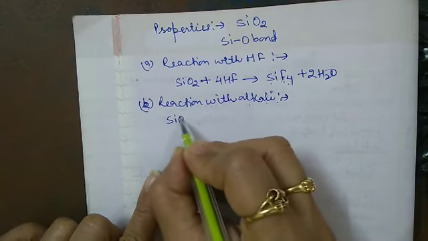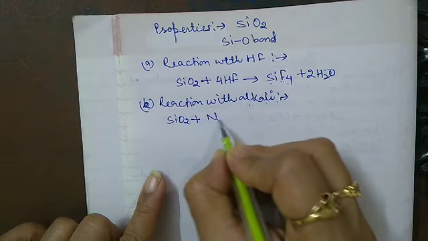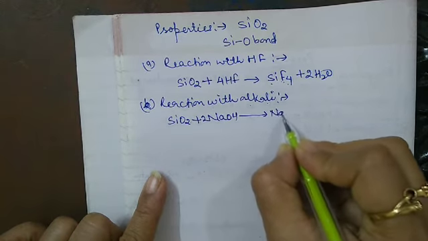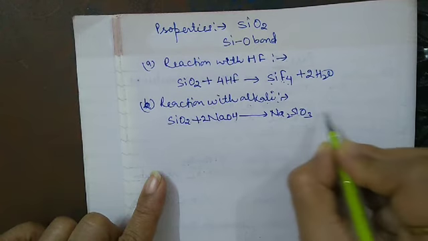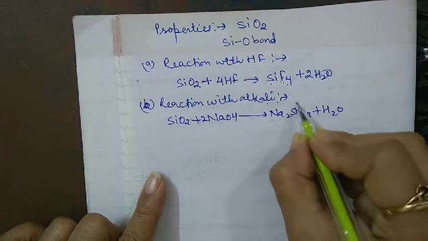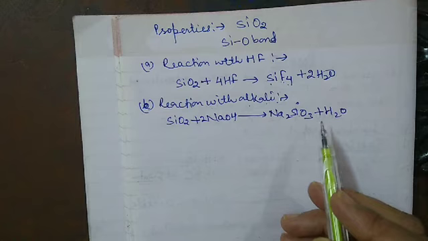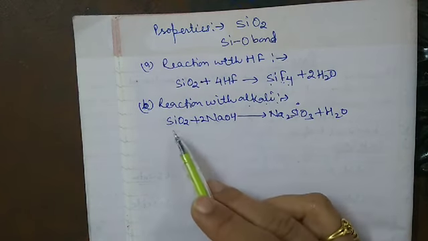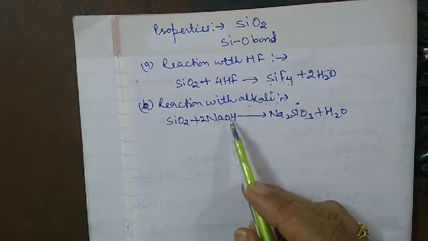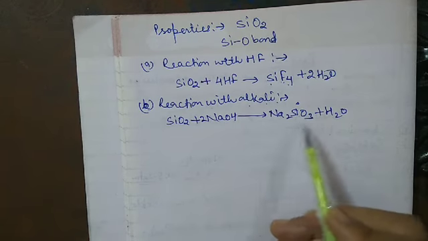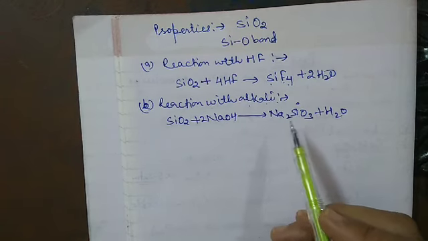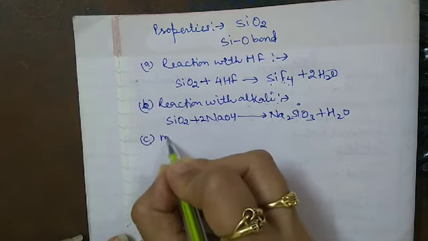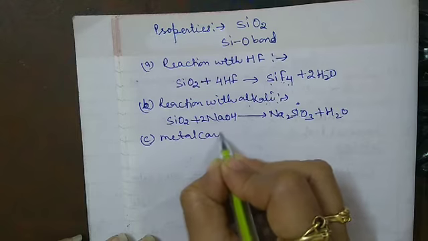When silicon dioxide reacts with NaOH, this one is the alkali, we get Na2SiO3 plus H2O, that is the sodium silicate, when the silicon dioxide is dissolved in the sodium hydroxide or the hot alkalis.